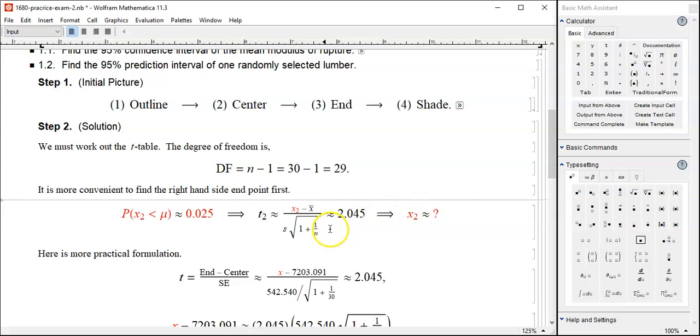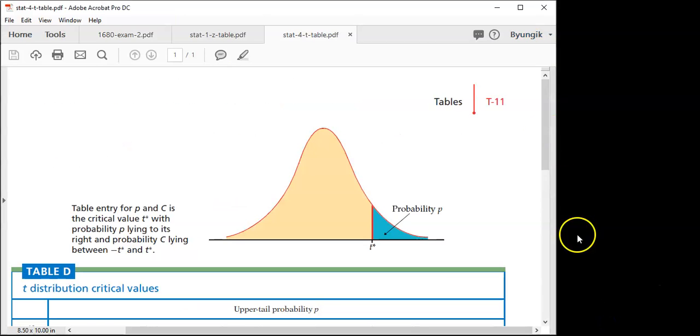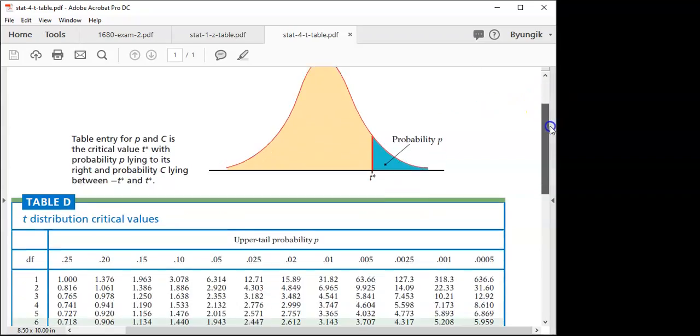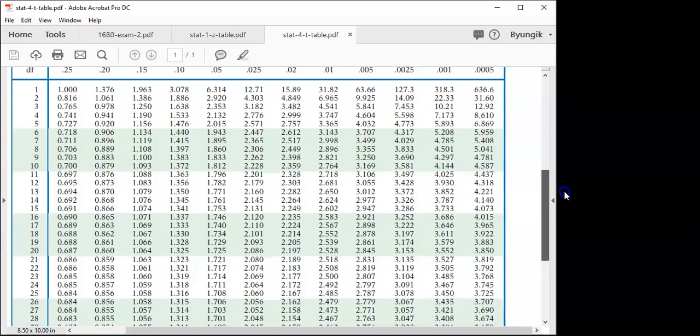Okay, let's go to this, and then let's do the problem. Instead of s over square root of n, we have different formula here. S times square root of 1 plus 1 over n. And then look up this t-table. And when we have 95%, here's the t-table. And the degree of freedom in this case is 29. There are 30, so 30 minus 1 is 29.